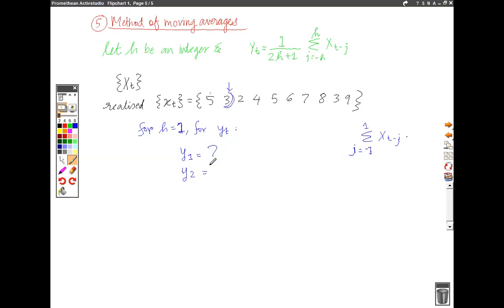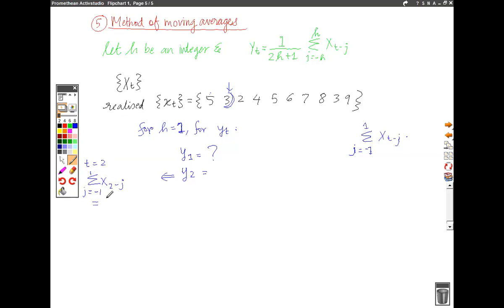And let's say I have y2. I can write it here. So I have my t is equal to 2 here, and what I'm looking at is summation j going from minus 1 to 1, x2 minus j.